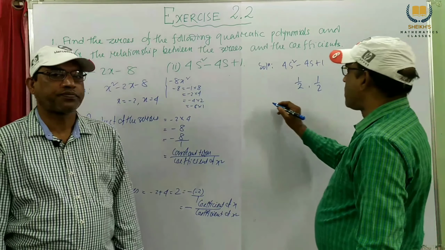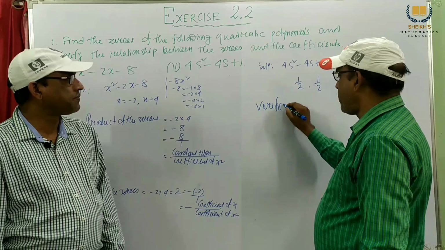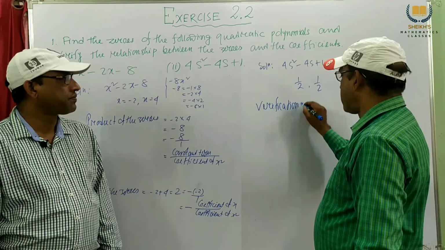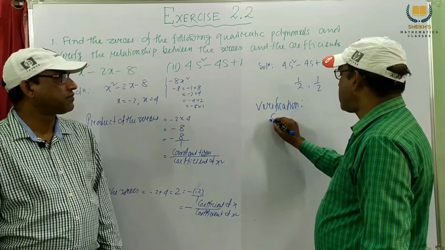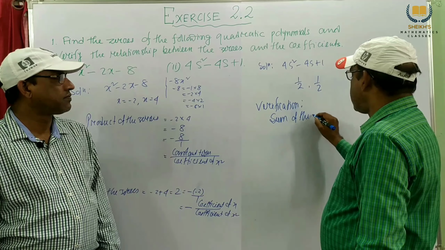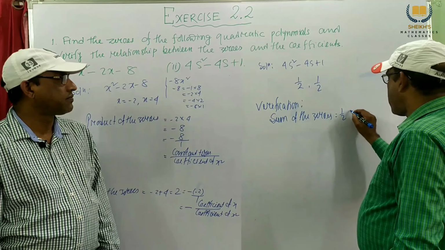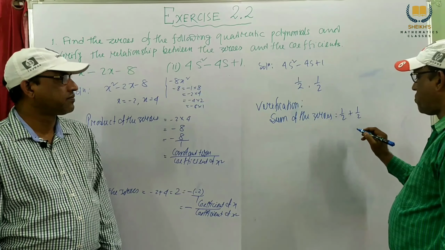Now verification. Sum of the zeros: 1 by 2 plus 1 by 2.